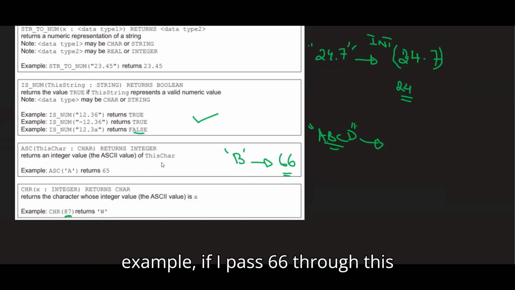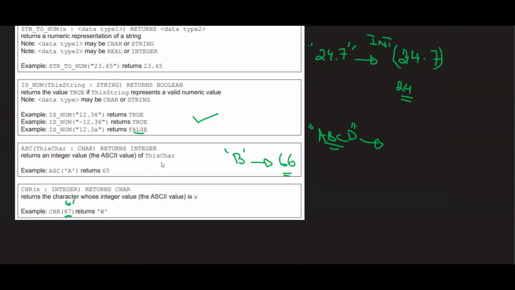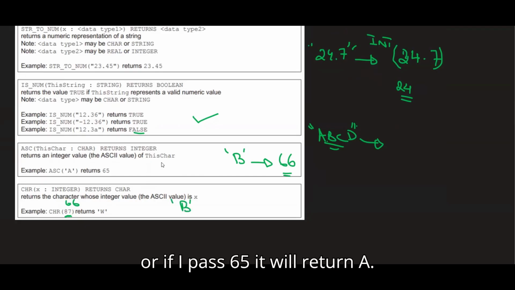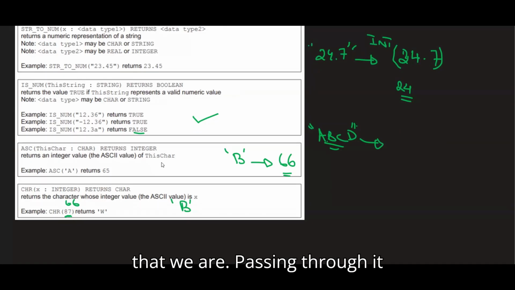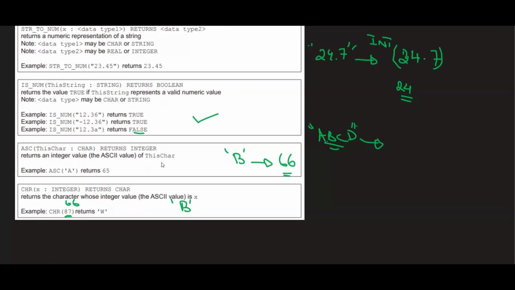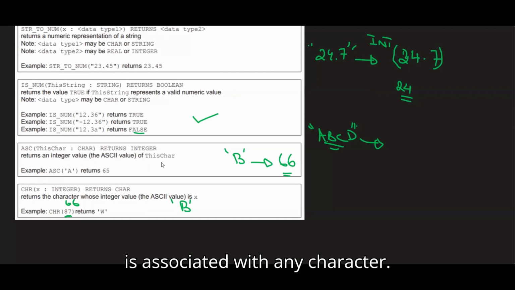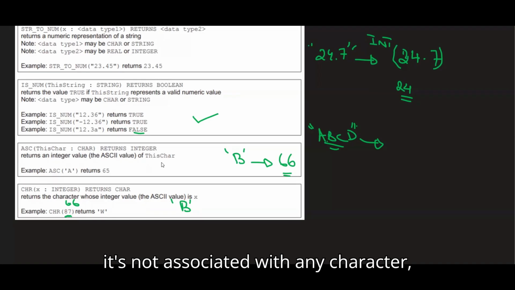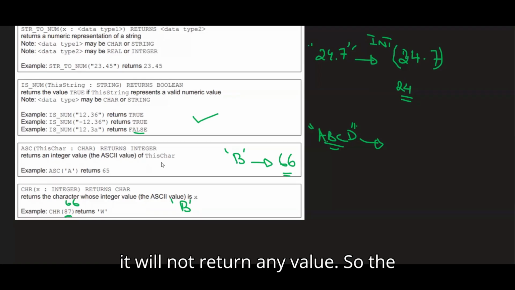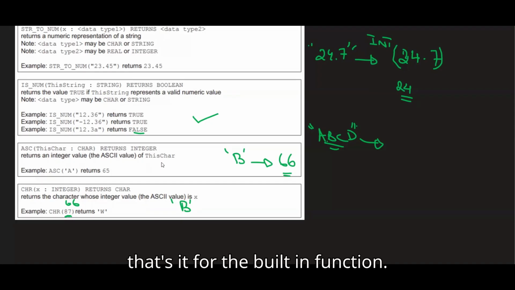For example, if I pass 66 through this, it will return B. Or if I pass 65, it will return A. But we need to make sure that the number that we are passing through it is associated with a character. If we pass 2 or 3, and it's not associated with any character, it will not return any value. So that's it for the built-in functions.